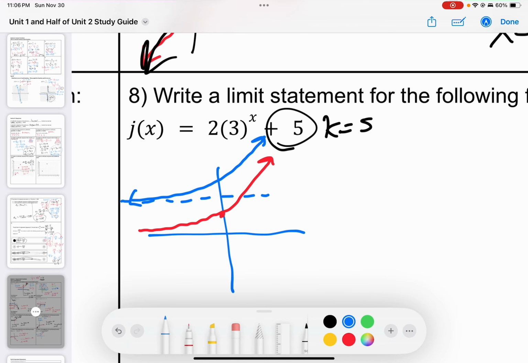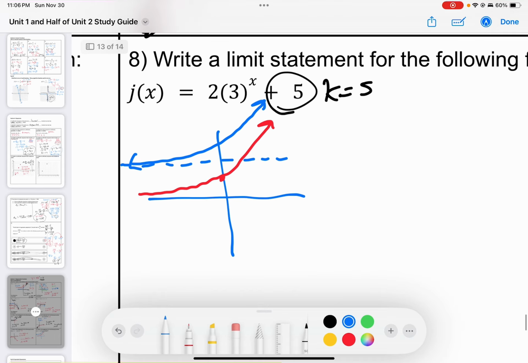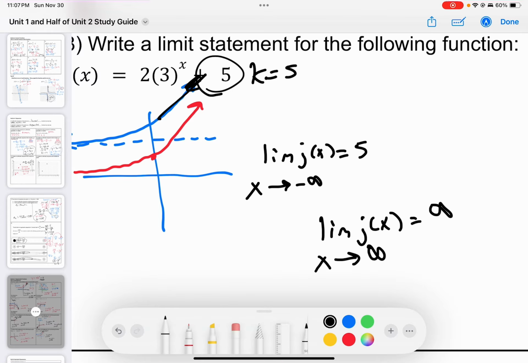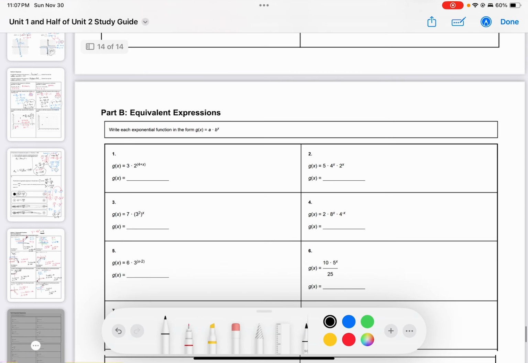And it's going to approach k as we go to negative infinity. So let's write the limit statement. The limit as x approaches negative infinity of j of x is going to equal 5, because k is 5. And the limit as x approaches positive infinity, where are we headed? We're headed towards positive infinity. All right, so that's exponential end behavior.